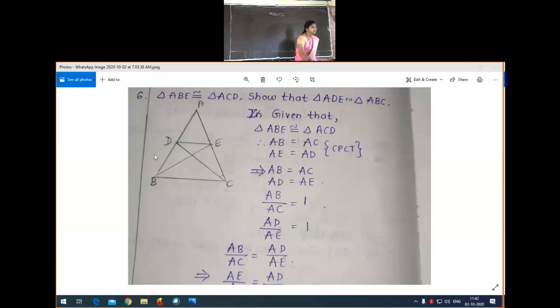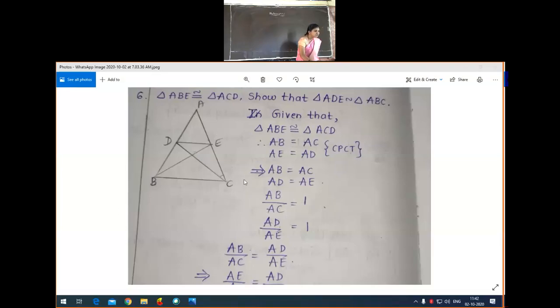Now what we have to do, AB divided by AC. Why should we do this? Because we need the proof, for that we have to think in a different way. Now we are taking AB divided by AC. Can we write it as 1?